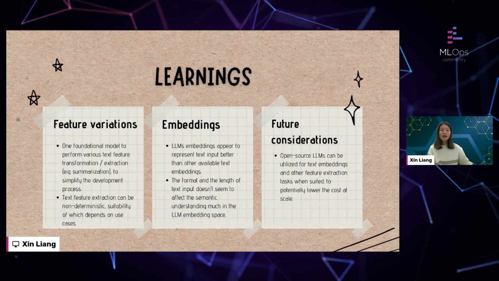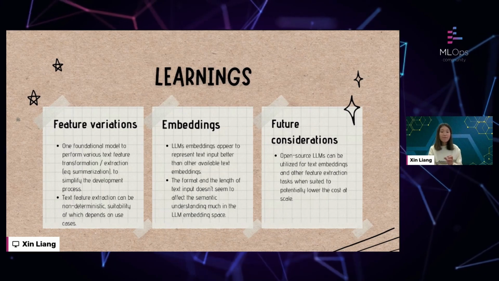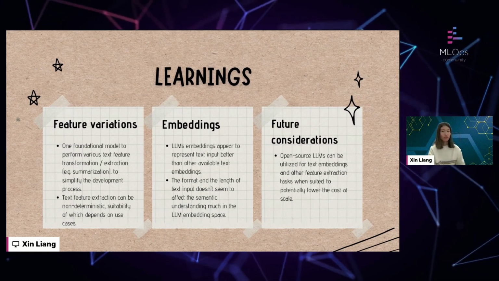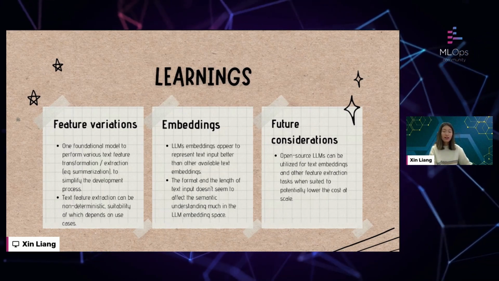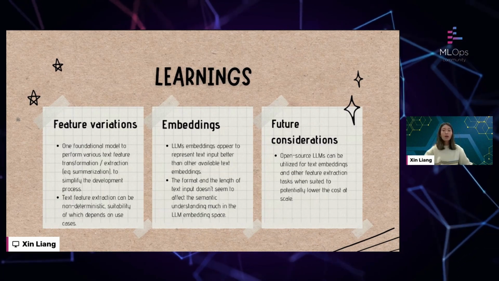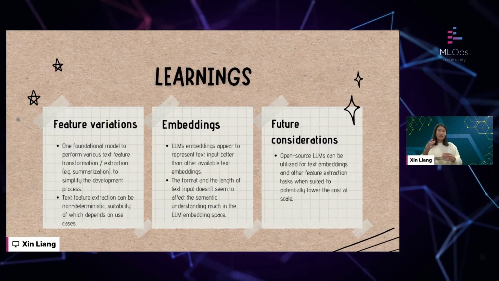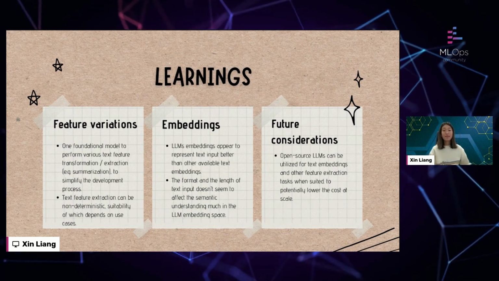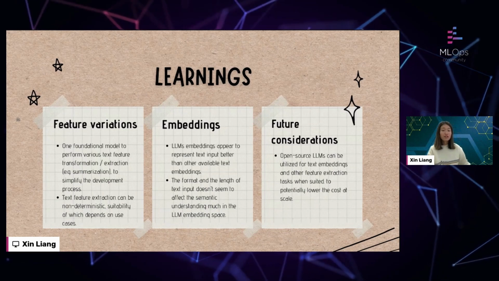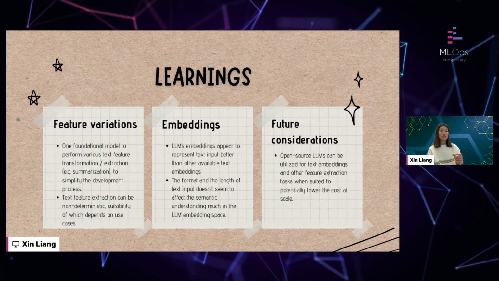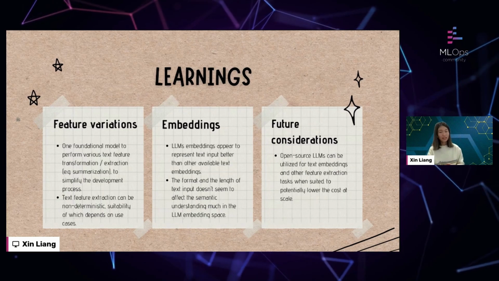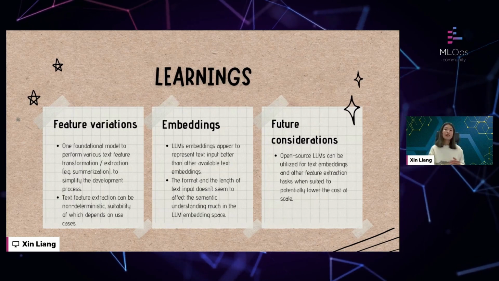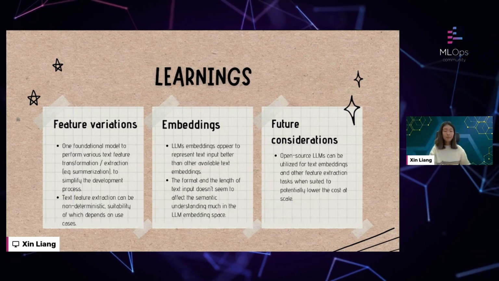On the other hand, the text feature extraction can be non-deterministic, depending on your configuration and settings. Meaning the output of the LLMs can be slightly different every time even though you put the same input in. Therefore, the suitability depends on use cases. And obviously, in our use case, this is not a problem.